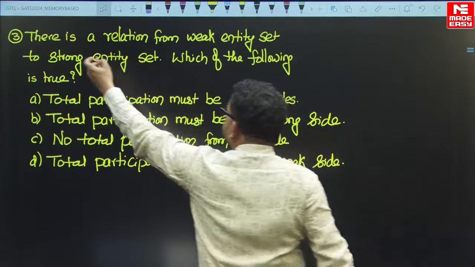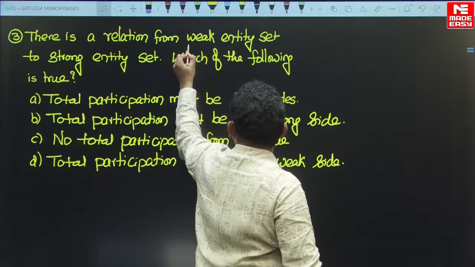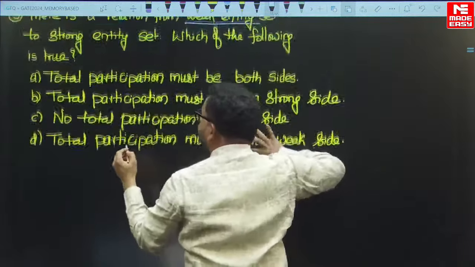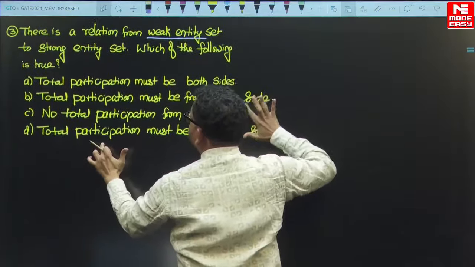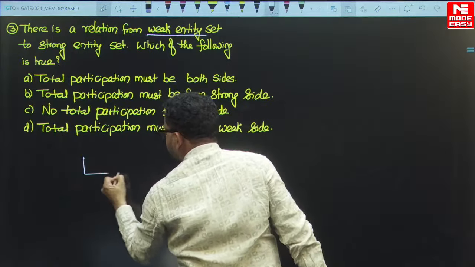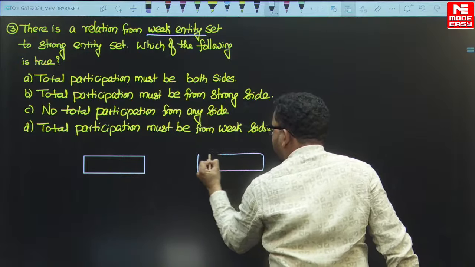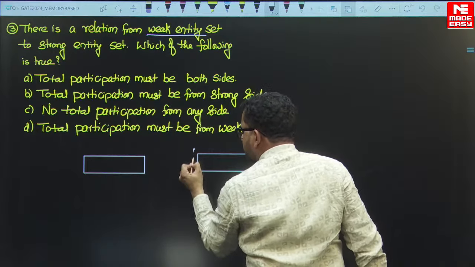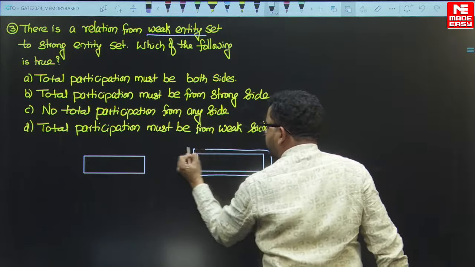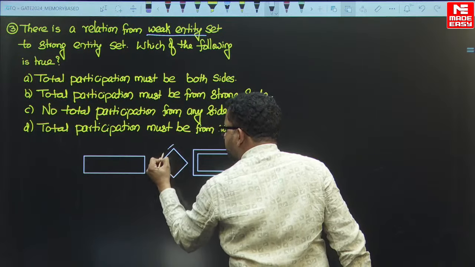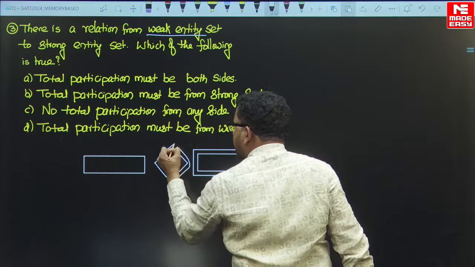Right. So there is a relation with a weak entity set. Whenever a weak entity set is one of the ends, the scenario is always the same. Assume the weak entity set is on the right side, and the relationship set is also denoted by a double line.